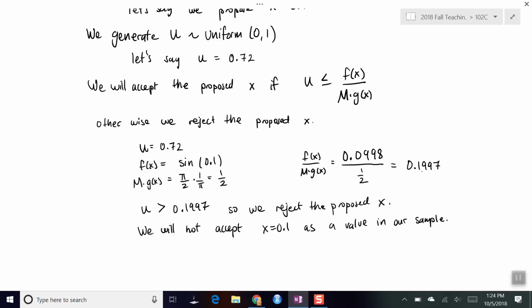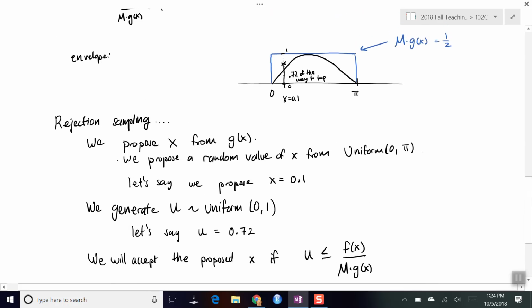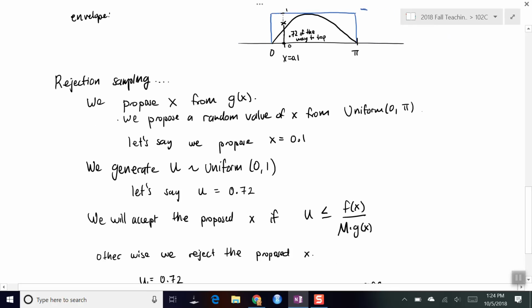And if I accepted all of them, then I would have a uniform distribution between 0 and pi. But that's not what I want. I want a distribution that looks like the top half of the sine curve. And so, in order to adjust for that, values like 0.1, although they are proposed as often as every other value, we are only going to accept 20% of the time.